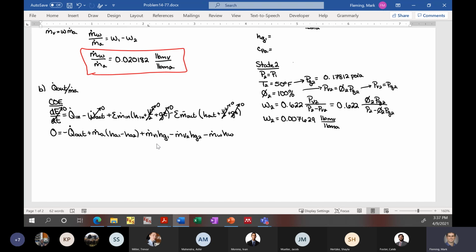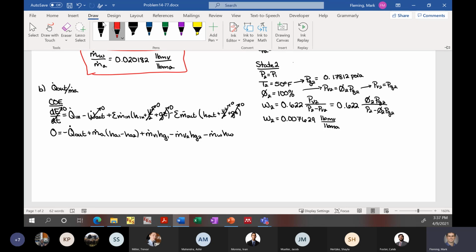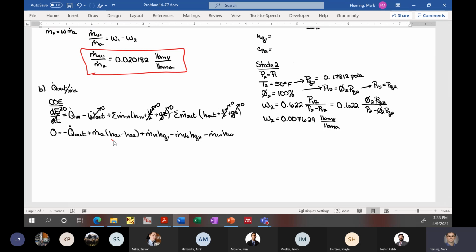Okay. And so a few things that I want to go ahead and note at this point. In this case, we have the difference in the air enthalpies, so that could be C sub P of air, T1 minus T2. That's the first thing I want to note.